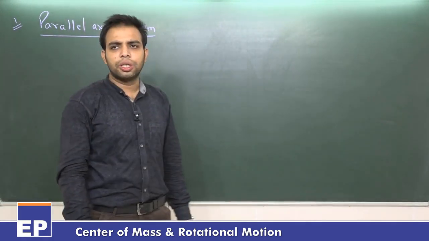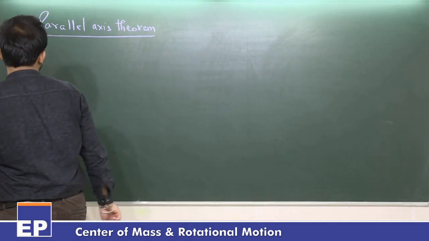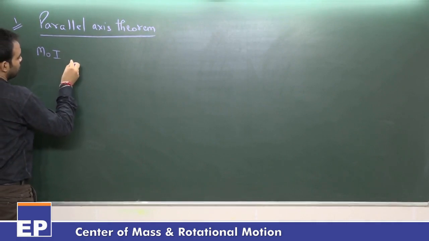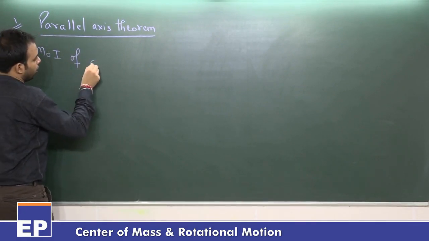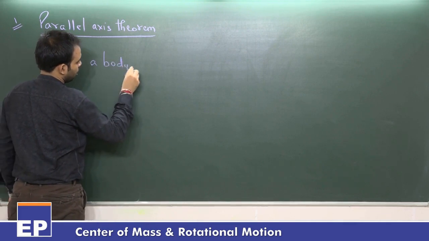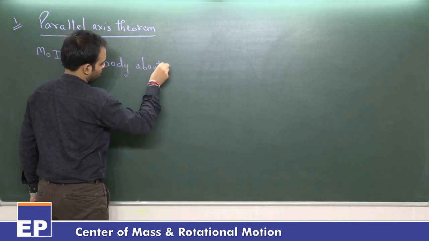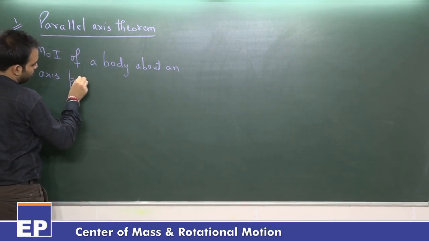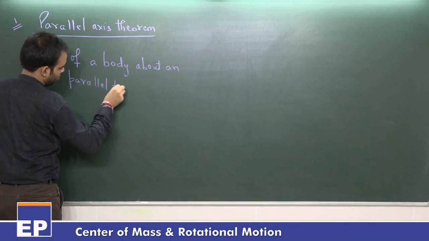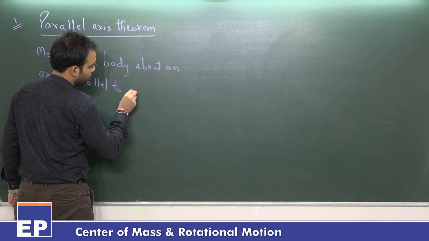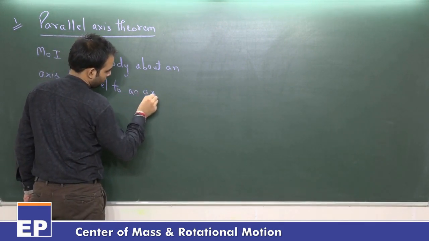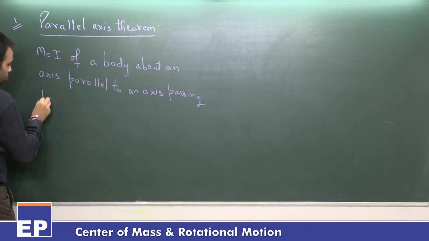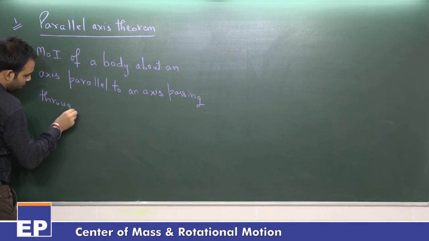यस, देखिए पैरेलल एक्सिस थ्योरम क्या बताती है। पैरेलल एक्सिस थ्योरम ये कहती है कि if you want to calculate moment of inertia of a body about an axis parallel to an axis passing through center of mass.